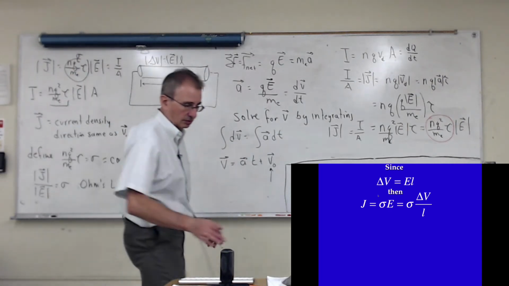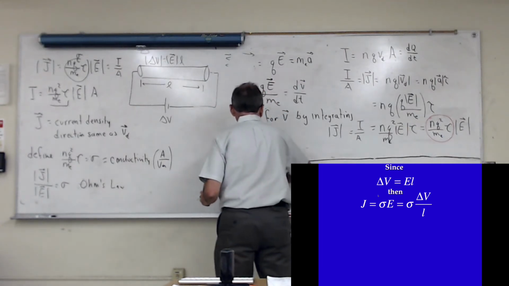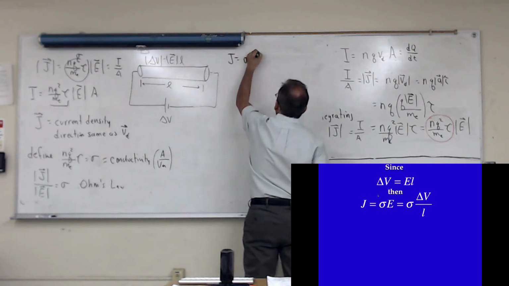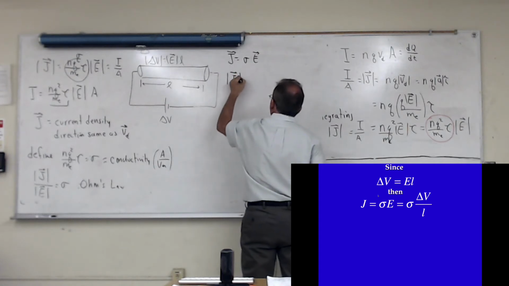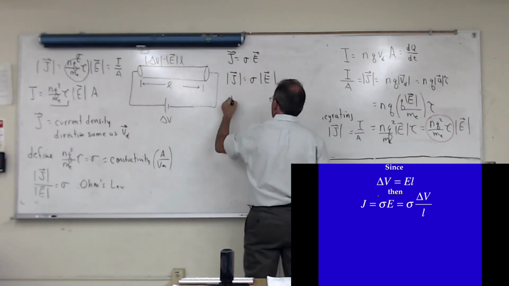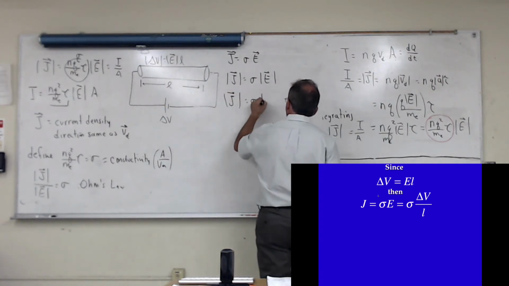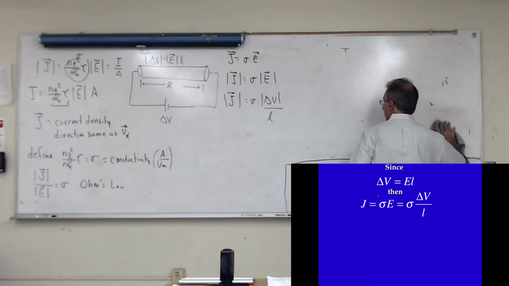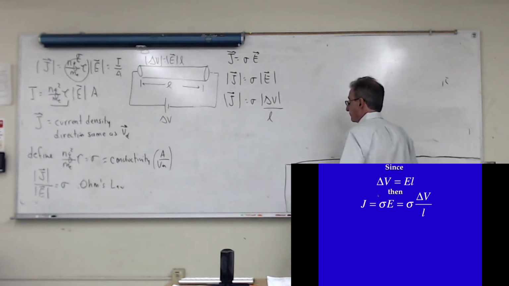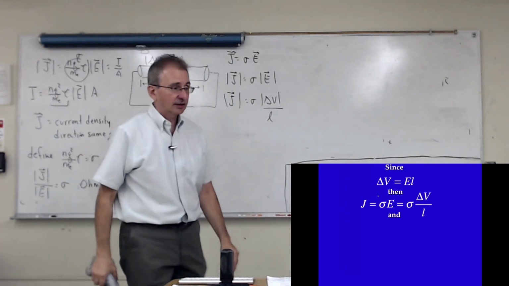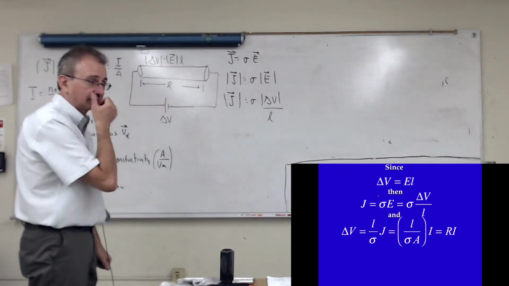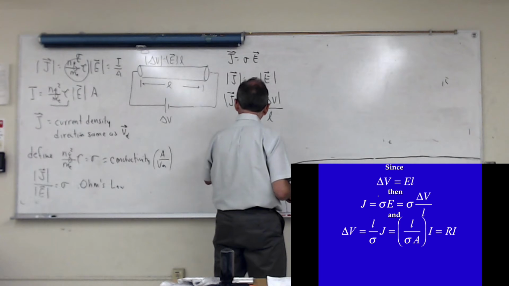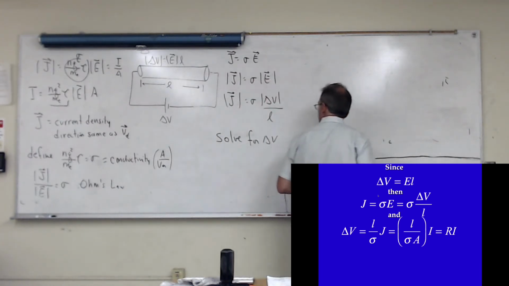So let me erase the board and rewrite some things. Now, let me write this in terms of delta V. Let me solve for delta V. What do I get?